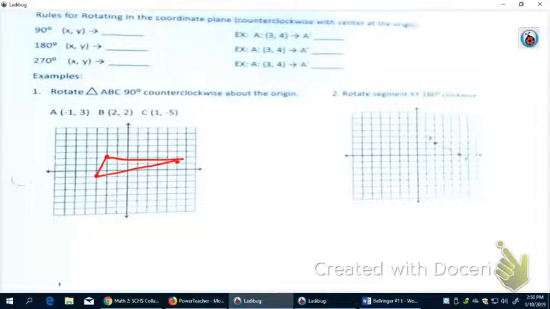Okay, let's try this very last one. It already has an X and Y for me, so I'm going to put the X and Y on here. Y is on the X axis at 5. And X is at 2, 2.